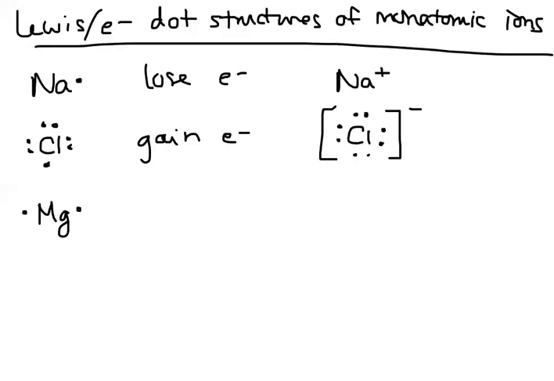Lose 2 electrons. So once again, magnesium doesn't want those extra 2 electrons. That's like having 2 employees on a big floor. It's really energy inefficient. It's going to get rid of those 2 guys. And so it's going to lose 2 electrons and become Mg 2+, because once again, it lost all of its valence electrons.